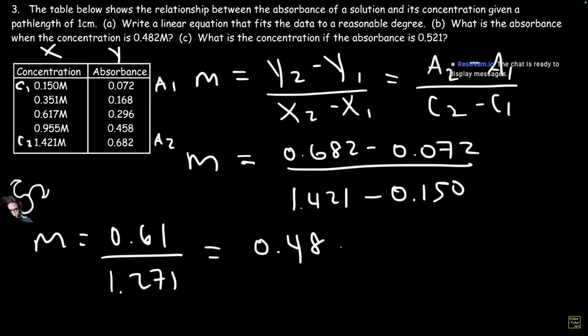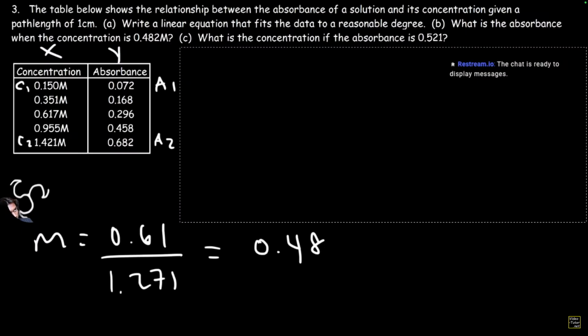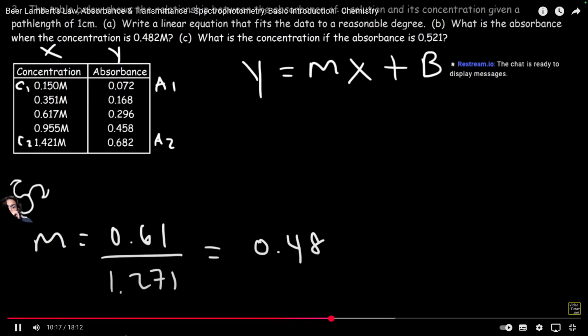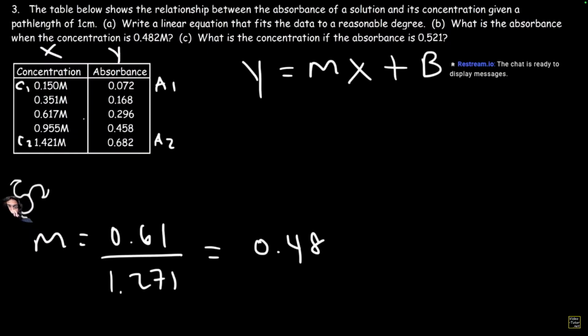So the last thing we need to calculate is the y-intercept. So let's use the slope-intercept form of a linear equation. And we can choose any point. I'm going to use the first point, where x is 0.15 and y is 0.072.